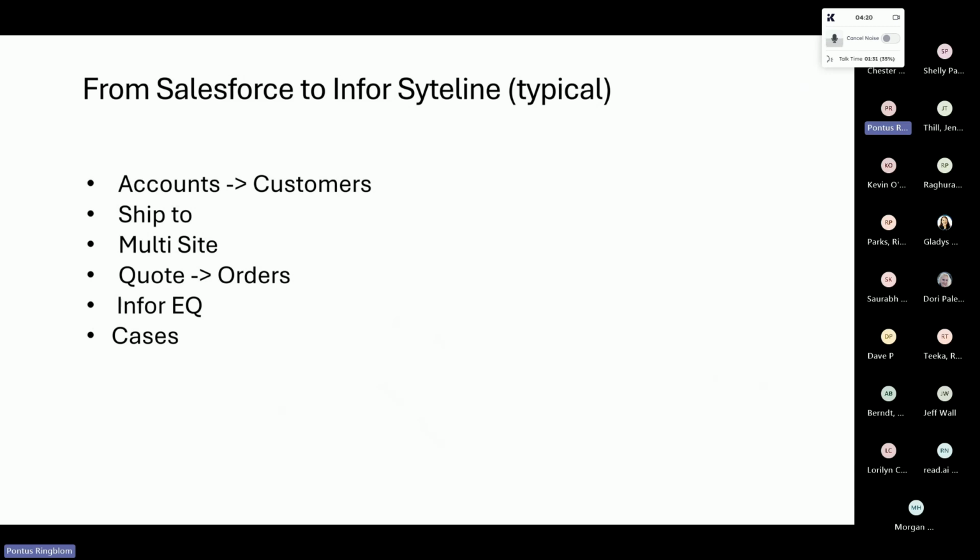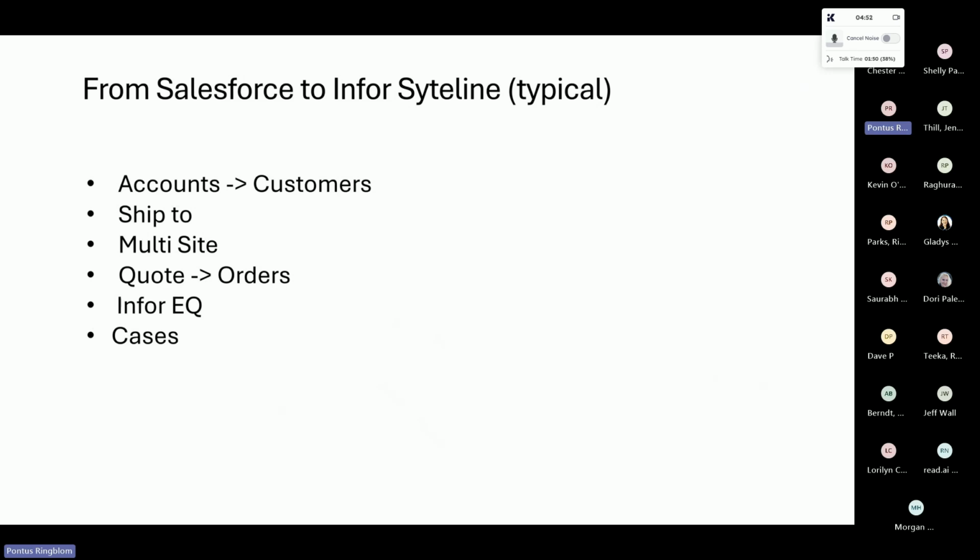We also got involved with companies that are using Infor EQ. I want to mention it here. There's a separate flow really, but in Salesforce you have a plugin for EQ. So if any of you are using Sightline's EQ module, it could also be part of the hub core flow, because when you're using Infor EQ, you can create a quote, but then once the quote is approved, you need to trigger that record or that account in Salesforce to create a customer.